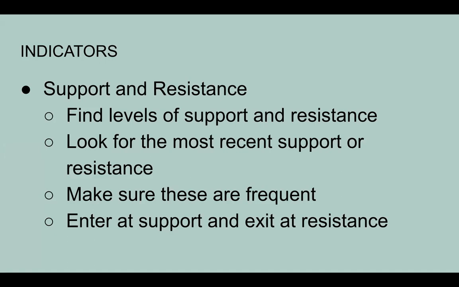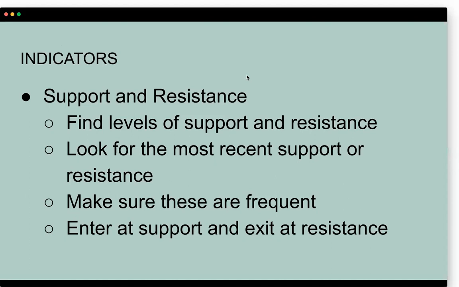And then ideally, what you want to do is you want to enter at support and exit at resistance. Of course, doing that perfectly might not be so simple, but that is the ideal way. Okay, that way you end up getting the full benefit of that, but often you may not be able to get that much. All right, so support and resistance, how do you identify that?